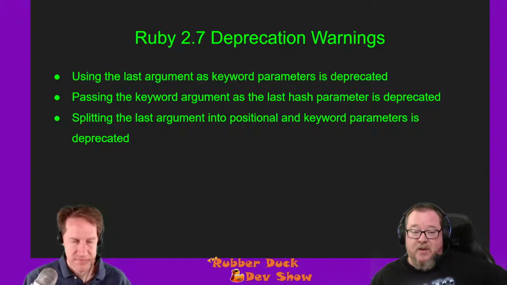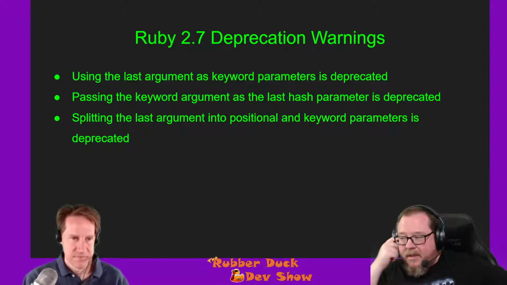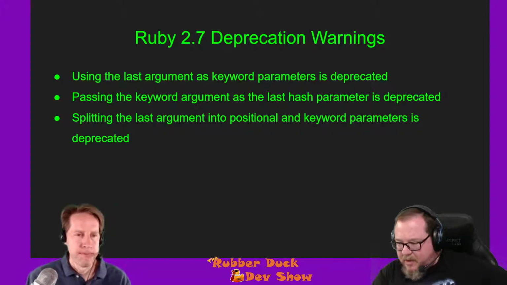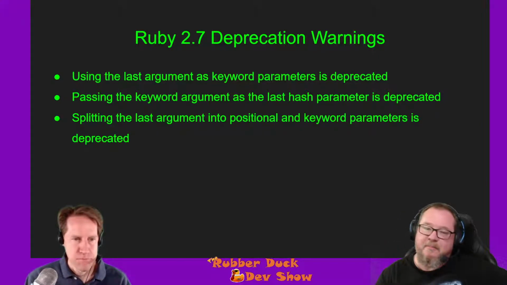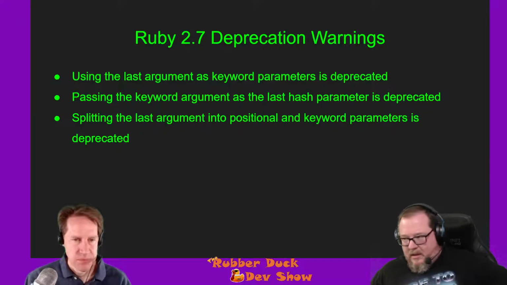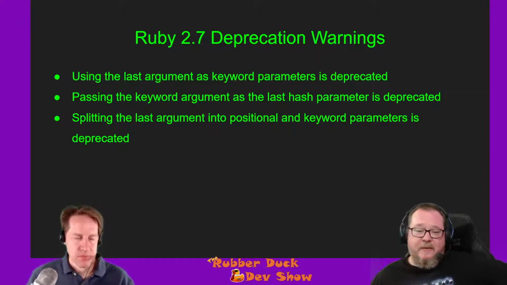Or splitting the last argument into positional and keyword parameters is deprecated, right? Those all kind of lead to the same place. They are technically talking about different specific things, but they basically all lead to this stuff. So if you're seeing those, then this is the stuff you're going to want to know.